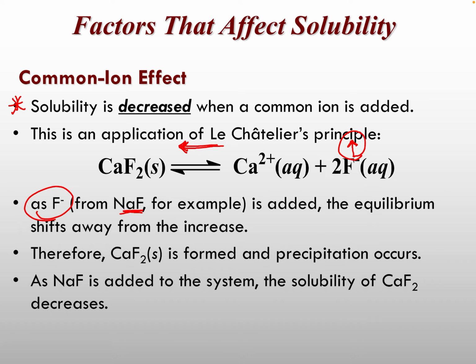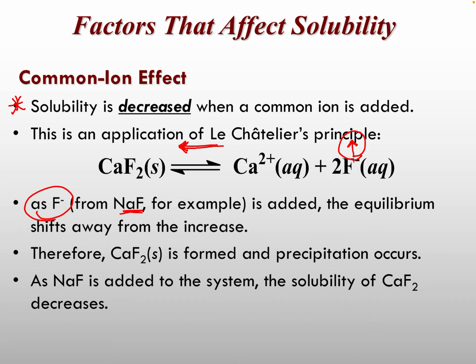Okay, so in this instance, we added fluoride from NaF. Remember that sodium fluoride is very soluble. Anything with sodium is going to be soluble. So when we add sodium fluoride, we have a bunch of free fluoride floating around. So it's increasing the concentration of our fluoride, shifting it toward the formation of our solid. Our sodium is not affecting this reaction in any way because there's no sodium present in the reaction.